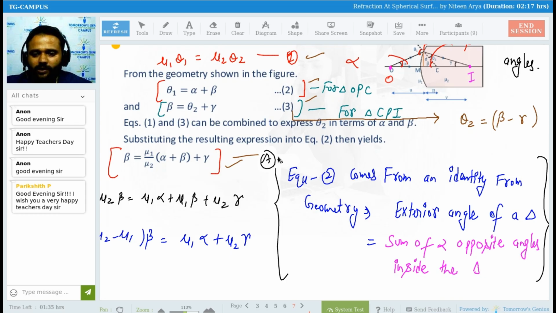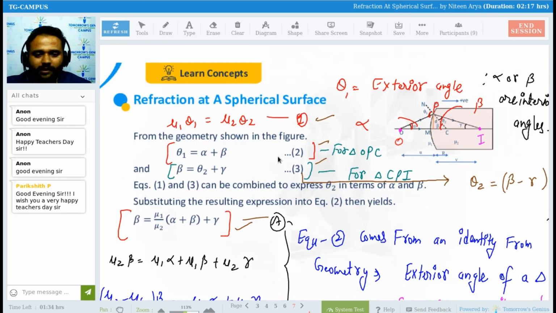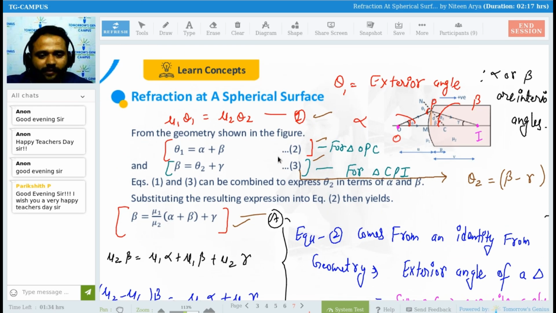Equation 2 comes from an identity from geometry: the exterior angle of a triangle is equal to the sum of the two opposite interior angles. With this we can find the values of theta 1 and theta 2. Putting them in equation 1, or Snell's law, we can find equation number 4.